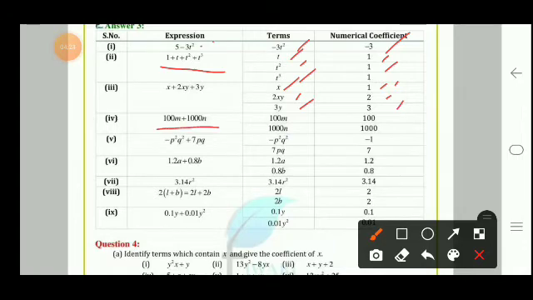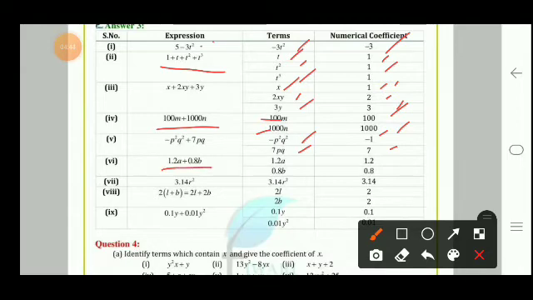Then 100m and 1000n are both terms, and we need not mention the constants, so the coefficients are 100 and 1000. Then minus p square q plus 7pq, so the coefficients are minus 1 and 7.